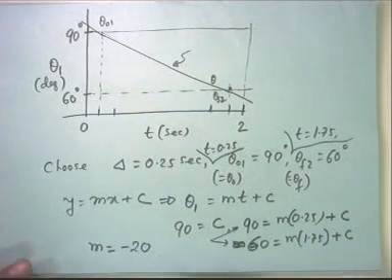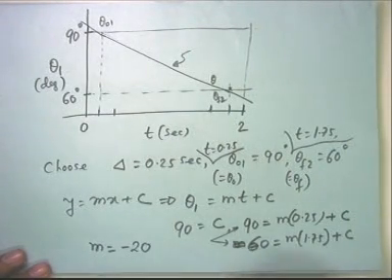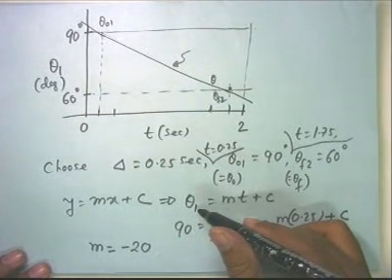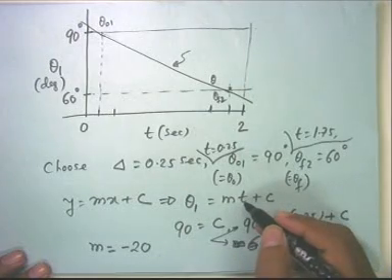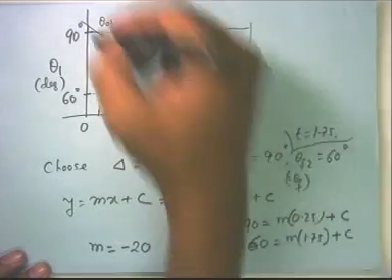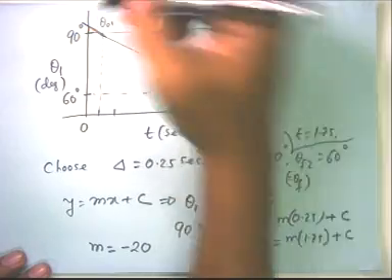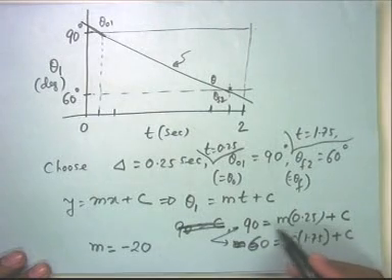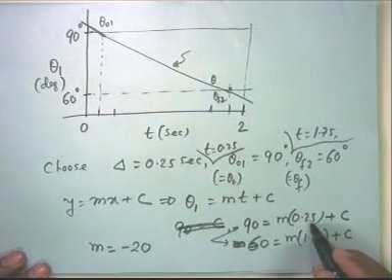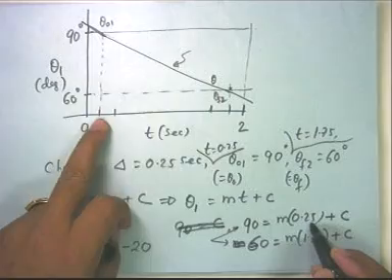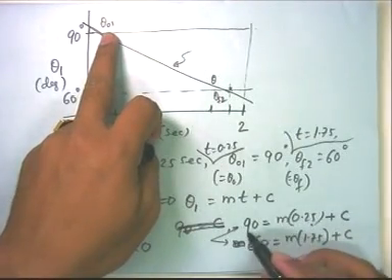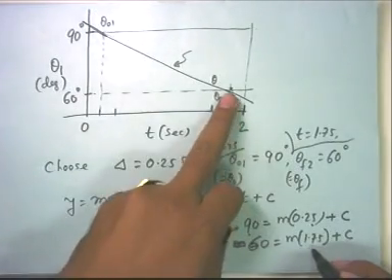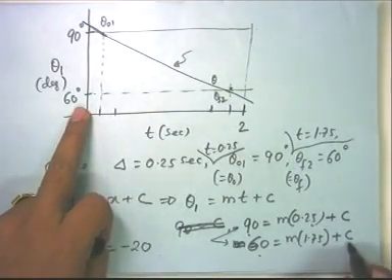So at t equal to 0.25 this is 90, this is 90 plus c, at 1.75 this is 60, this is 60 plus c.